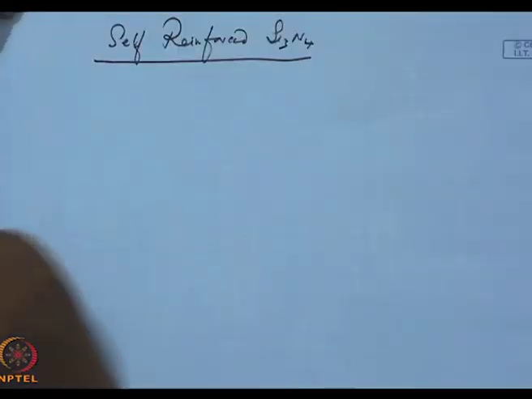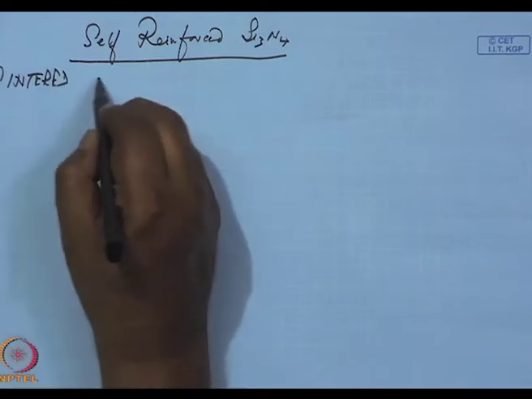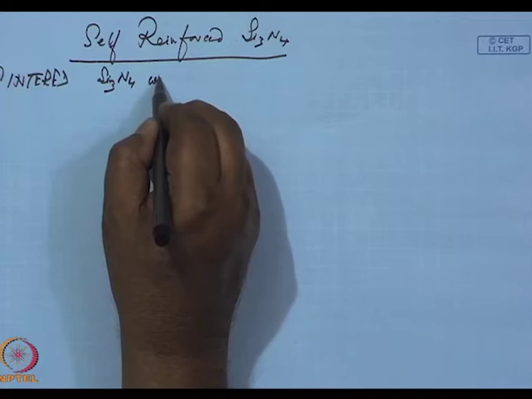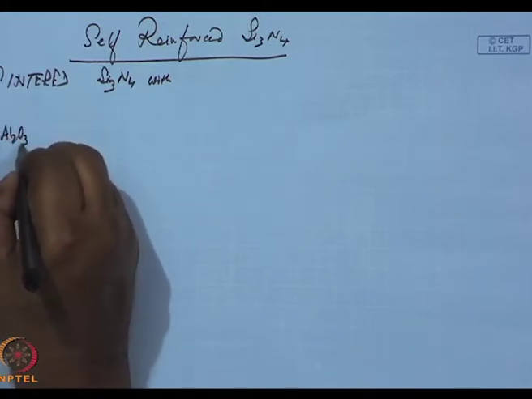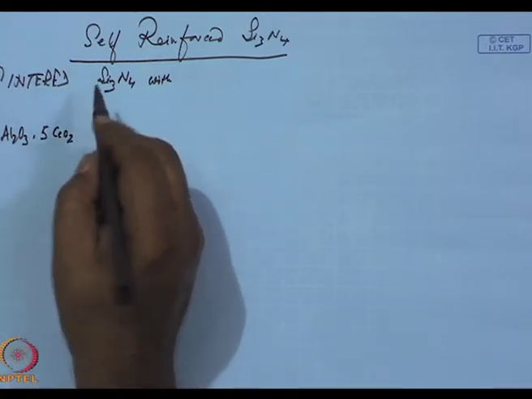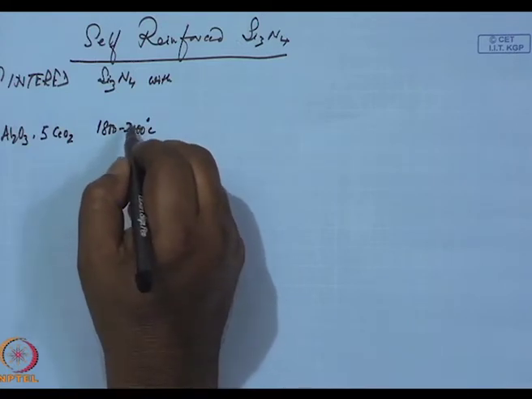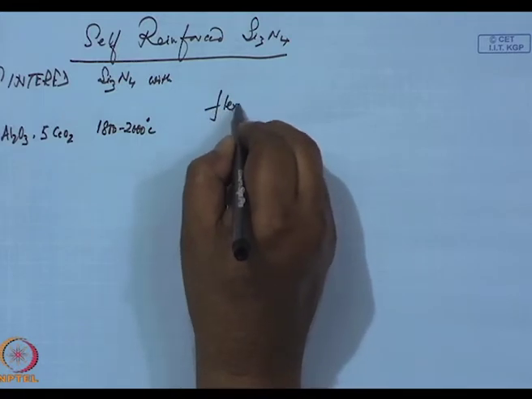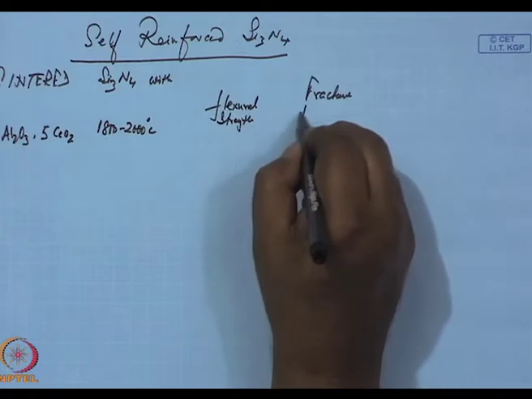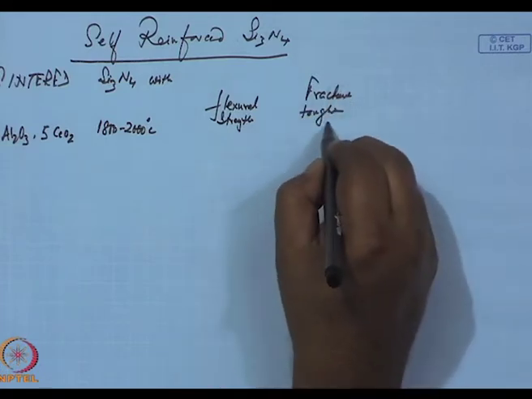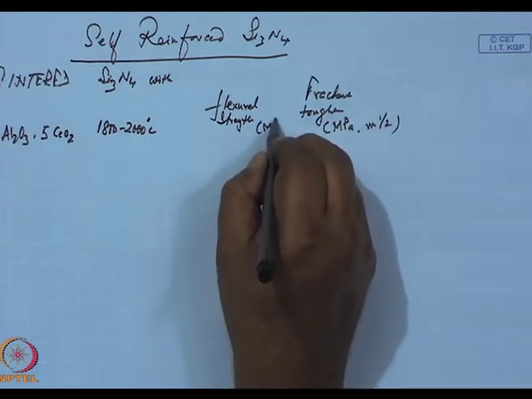Now let's take, what do I mean by this? Let's say I have sintered silicon nitride with, I'll choose a few examples, let me say 1 Al2O3, 5 cerium oxide, at about 1800 to 2000 degrees C. The flexural strength and the fracture toughness: fracture toughness is in MPa, megapascals, and flexural strength is in megapascals.